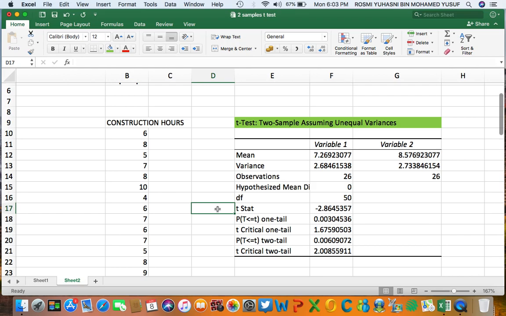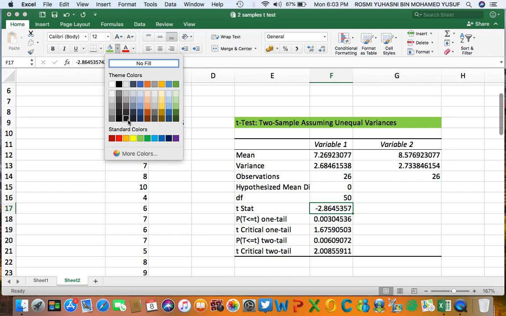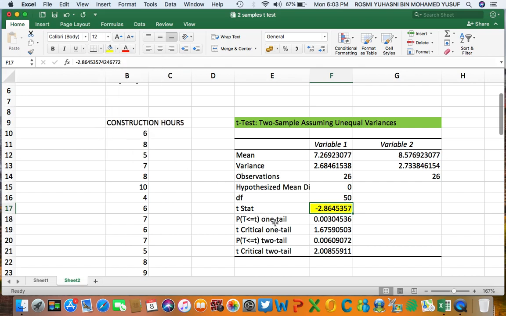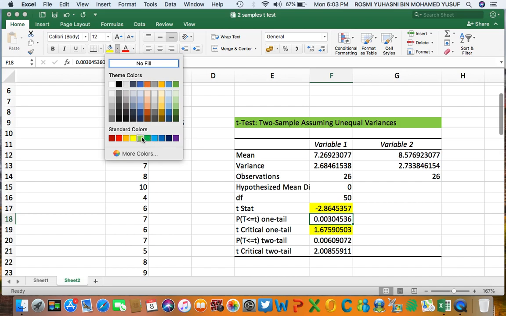The output that must be our focus is the t-stat value, highlighted in yellow, the t critical value one tail, and also the p-value one tail, which is here. So put it in green.